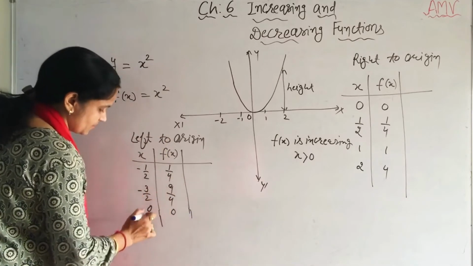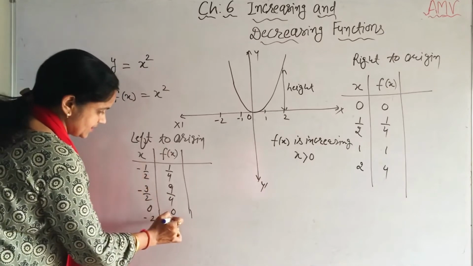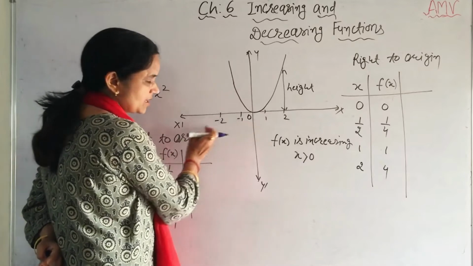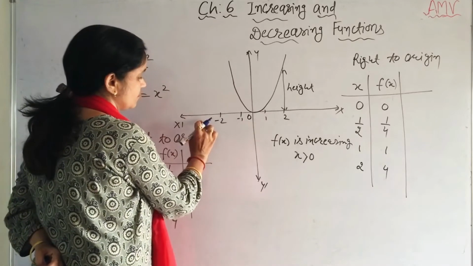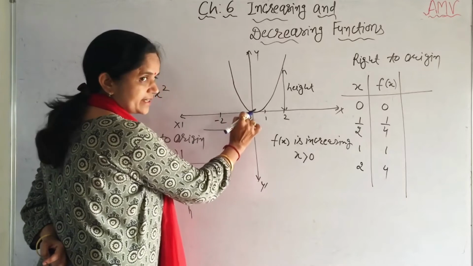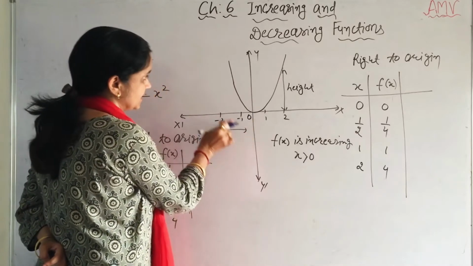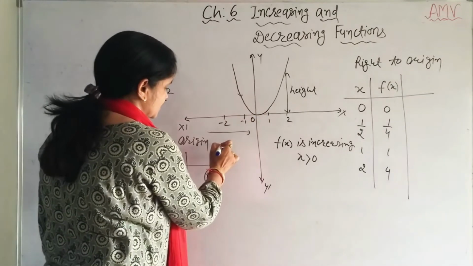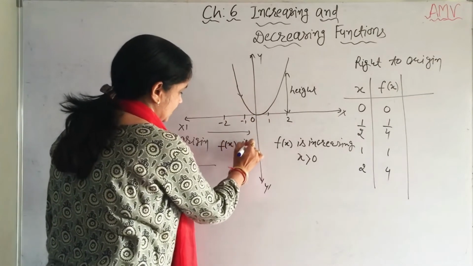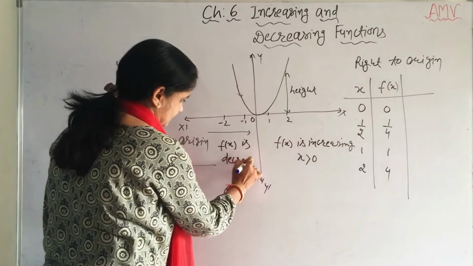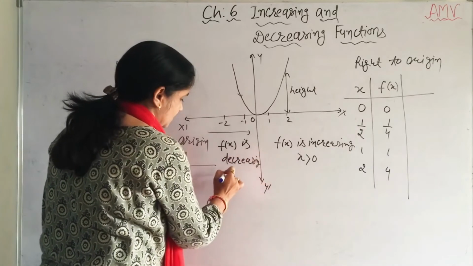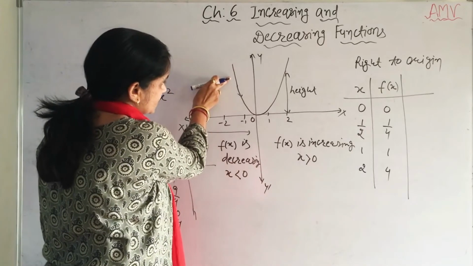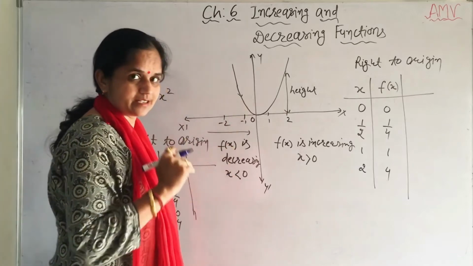You can take more values, minus 2, then it is 4. Now consider the graph left of the origin. When we move from left to right, see that this graph is decreasing. So the function is decreasing for x less than 0, since the height of the curve is continuously decreasing.